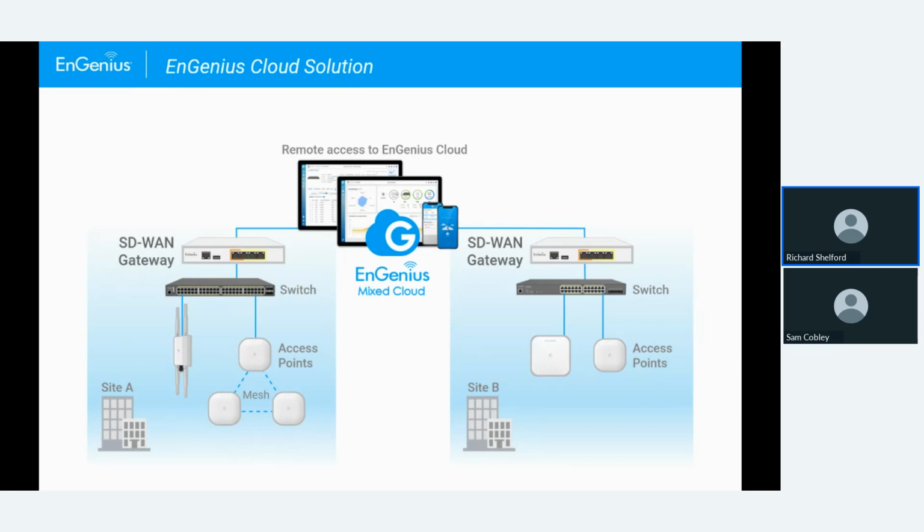There are some concepts. So we have an organization. Now, an organization contains multiple networks. Certain devices can only belong to a single network. So, for example, an SD-WAN gateway is assigned to a network.